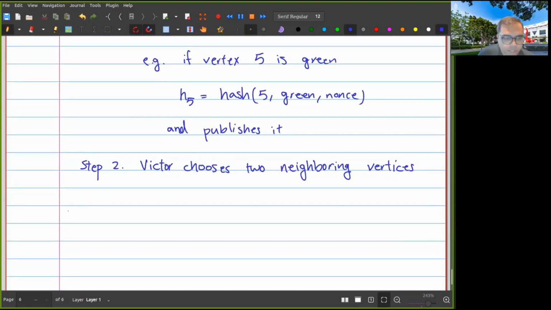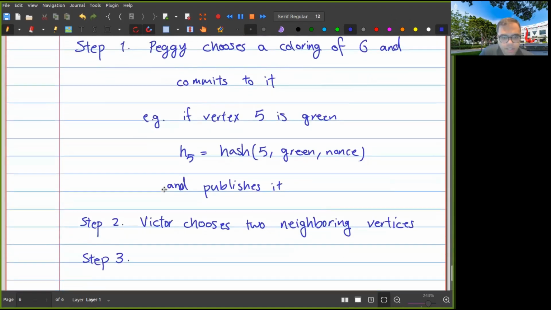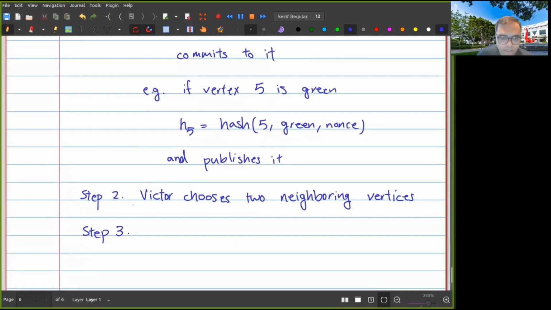And then finally, in step 3, Peggy is going to show us the colors of these two vertices. So let's say the two neighboring vertices were U and V. Peggy reveals the colors of U and V.